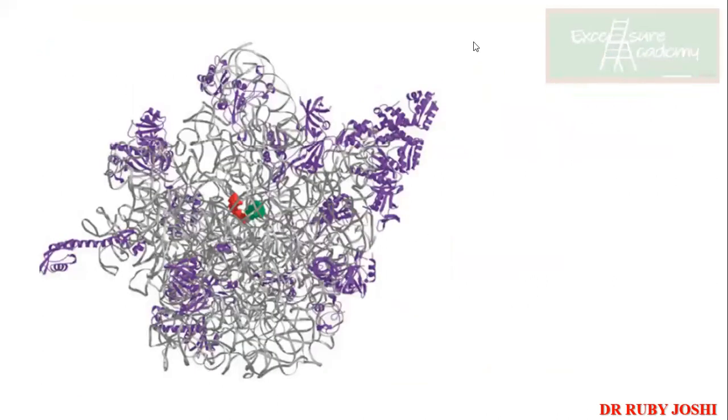Look at it over here. Now in the figure, if you see carefully, you can see that these purple-colored things are proteins. Okay, and these gray ones are your RNA. Now, looking at this, this is your catalytic site. And what do you observe at the catalytic site?